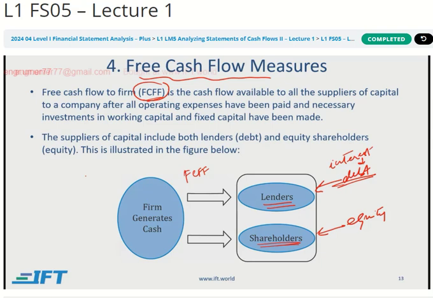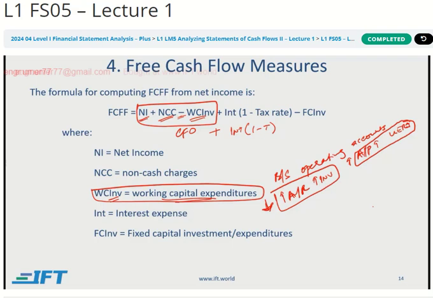So we just add that back so that we are able to calculate the free cash flow that the entire firm is generating for both these stakeholders before any of them is paid, right? Before any of them is paid. So we add back the interest net of tax, naturally, because the tax benefit was already there in the net income.